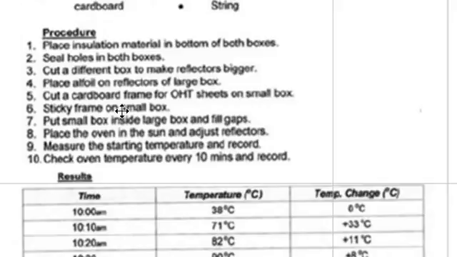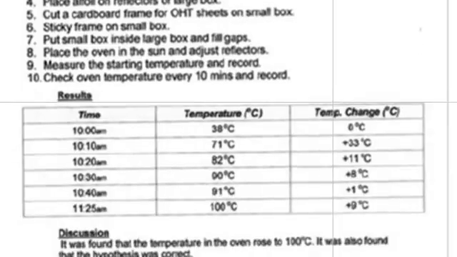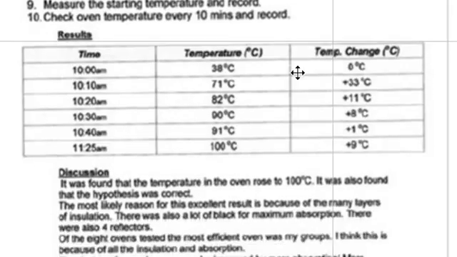There's no mention in here of any controls. It would be nice if they'd set up a thermometer next to the solar heater to see if the ambient temperature went up at all. It may well be that between 10 o'clock in the morning and 25 past 11, the air temperature may have risen considerably that day anyway.